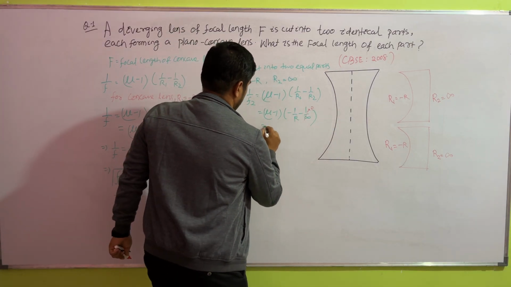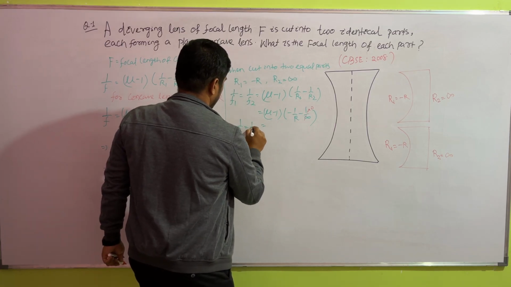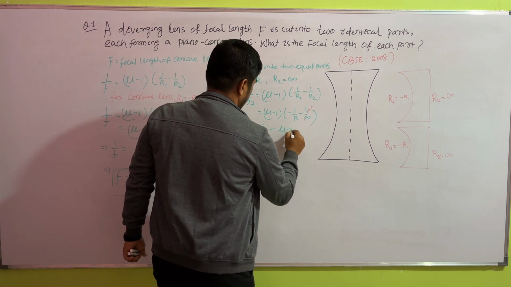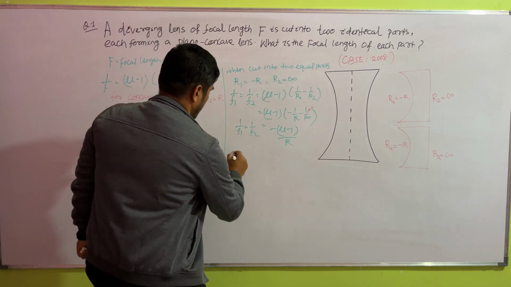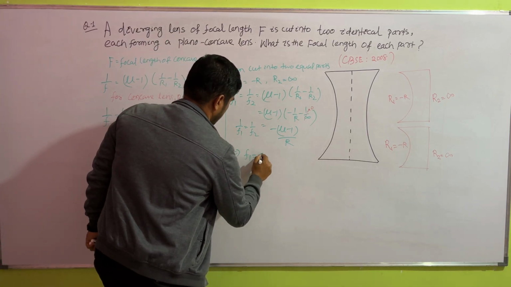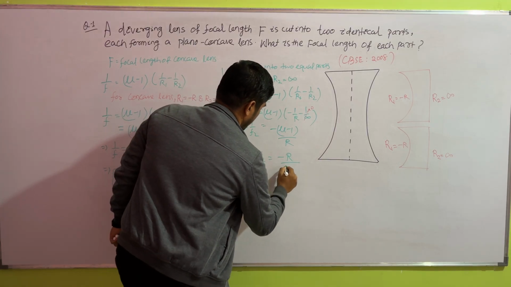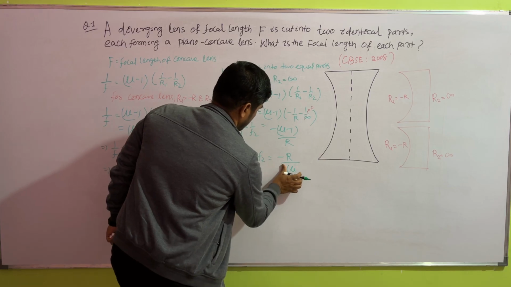So that implies 1 divided by f1 equals 1 divided by f2, which equals minus mu minus 1 divided by r.